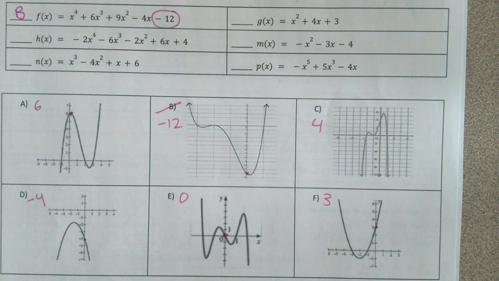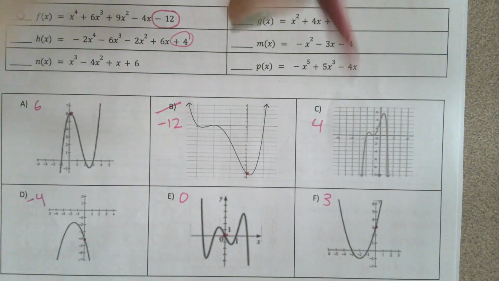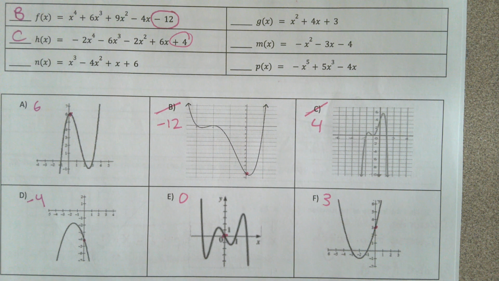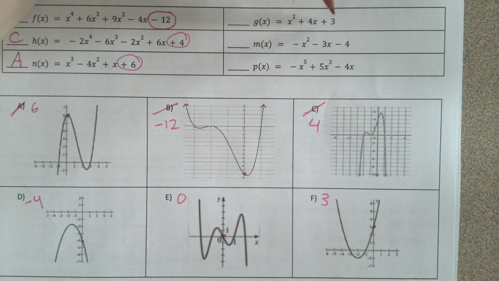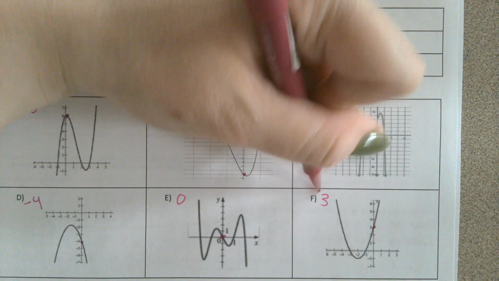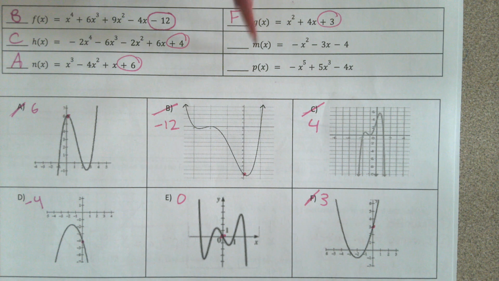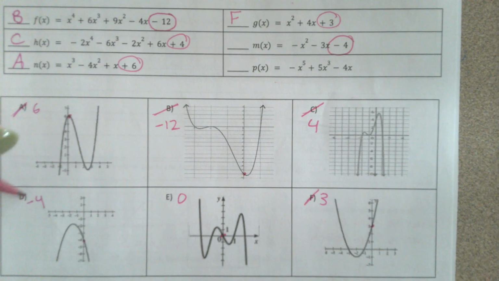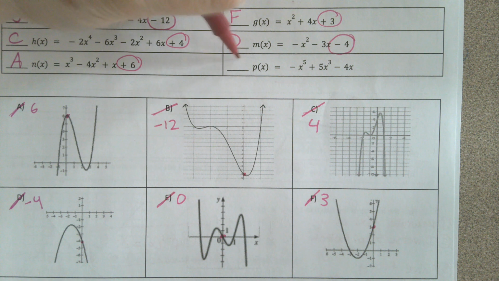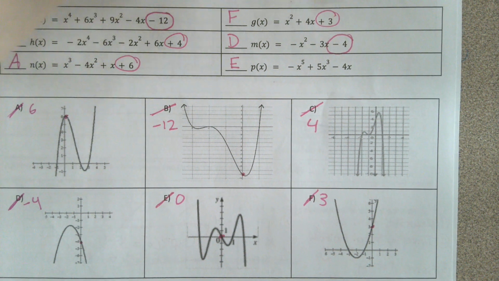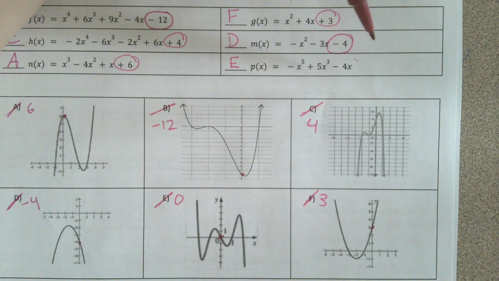So now let's find the 5 remaining matches. H of x crosses at positive 4, so that is option C. N crosses at positive 6, which is A. G crosses at positive 3, which is F. M crosses at negative 4, which is D. Meaning P has to match with E. And some of you may have struggled with this a bit, because if you look at this, negative 4 is not the y-intercept.